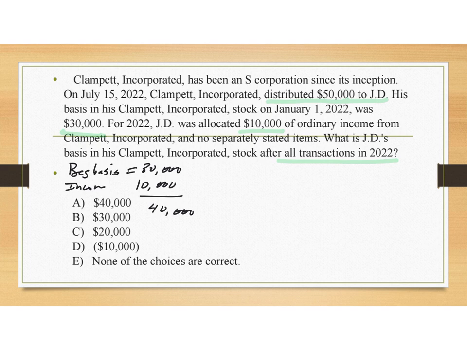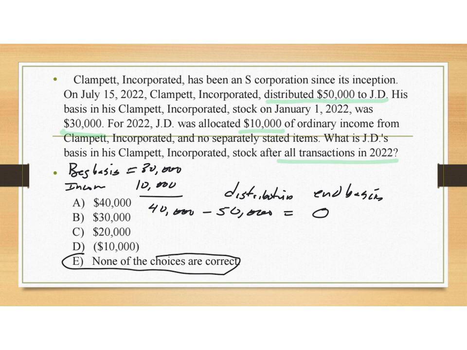What was the distribution? His distribution was $50,000. So what does that leave his ending basis? It is 0, because remember, ending basis cannot be less than 0, right? So none of these choices are correct because his ending basis is 0. Okay? And that is the last one of those types of problems.